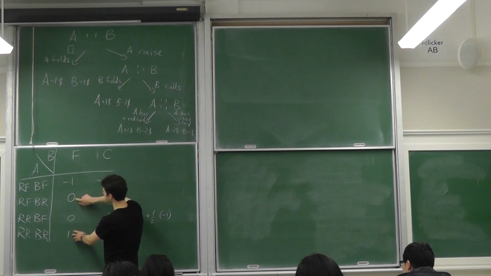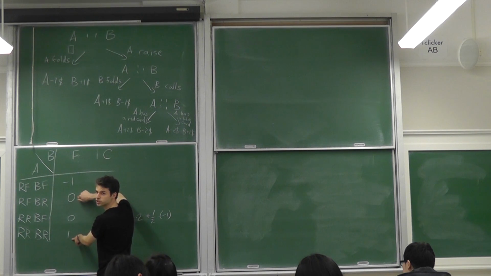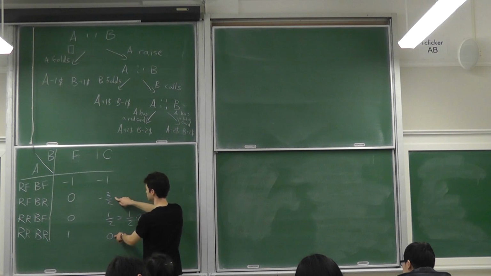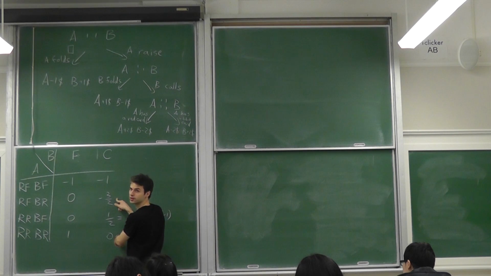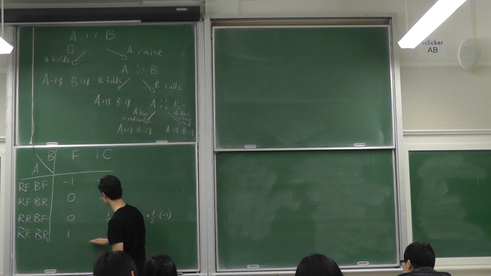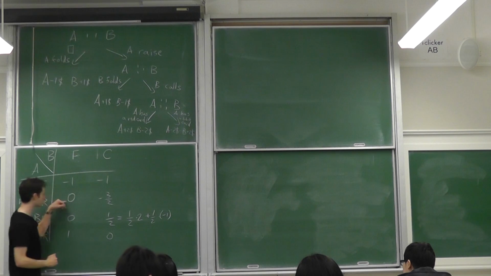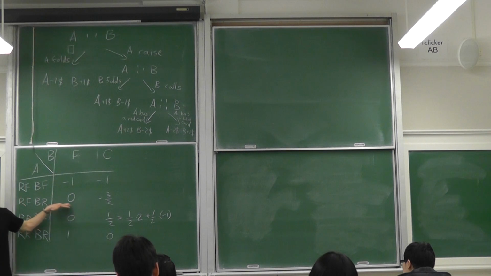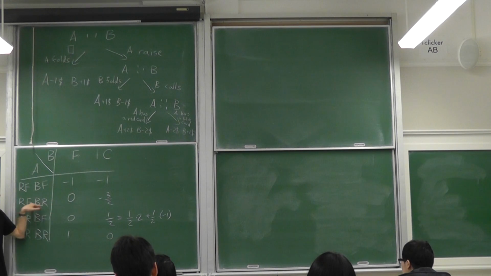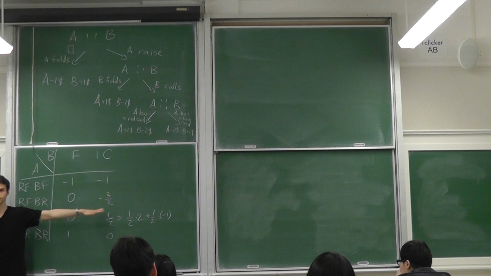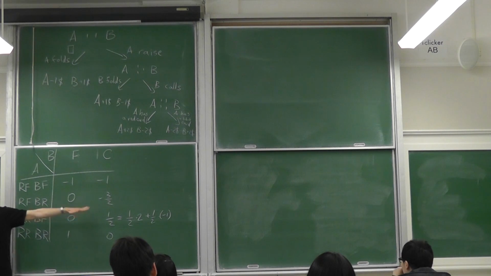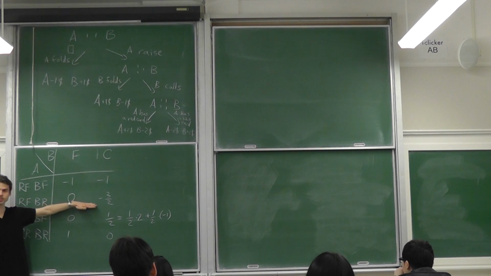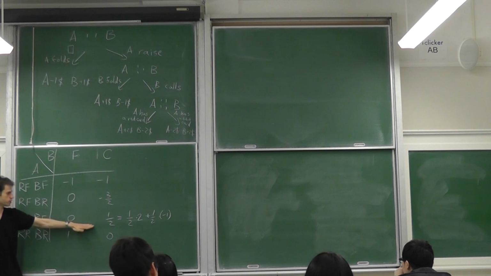Because, once again, if you compare this outcome to this outcome, Alice will get $1 more by pursuing this strategy instead of this one. And here she will get $3.5 more. So this strategy is dominated both by this one and that one. So it's not a good idea for Alice to pursue this strategy ever. Not even 5% of the time, not 1% of the time. Every time she thinks about this strategy, she's better off switching to one of those.